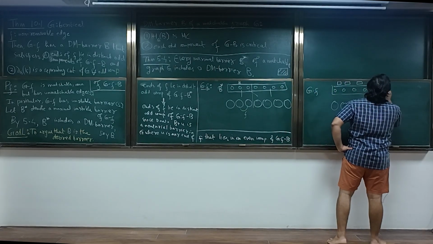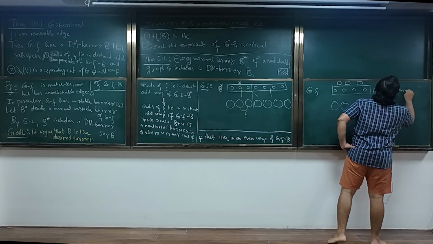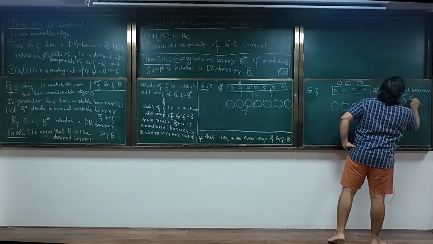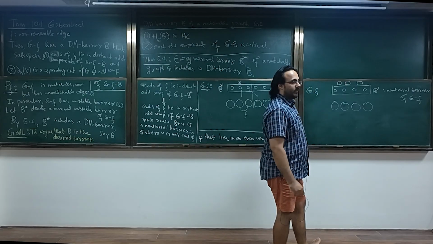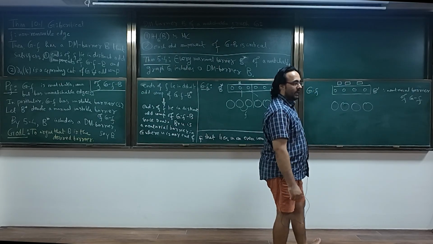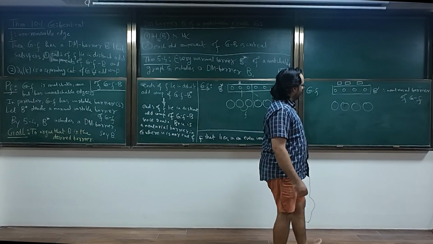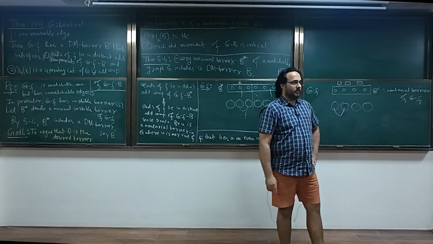This is some B prime, non-trivial barrier of G minus F. Since it is a non-trivial barrier in G minus F, but G is bicritical, we must kill this non-trivial barrier. The only way to kill the barrier is for F to look like this.